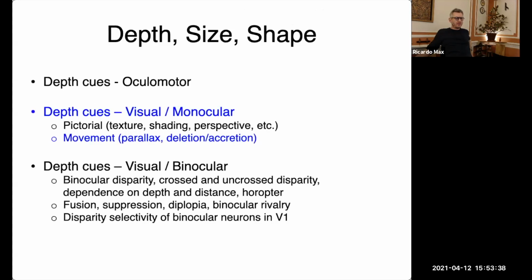Let's move on to movement cues, which are monocular. We still use them with both eyes, but we can use this information with only one eye.